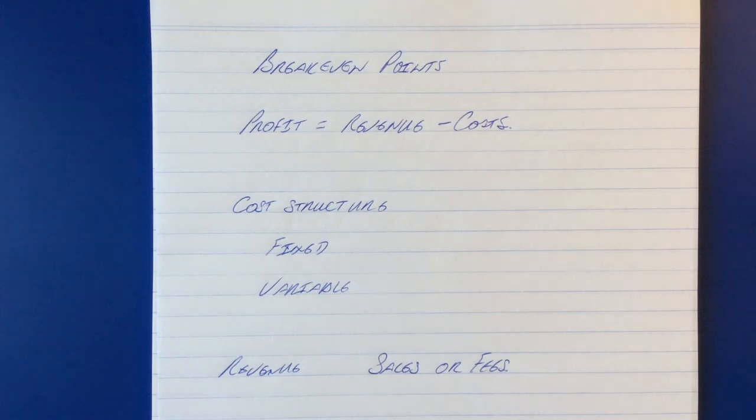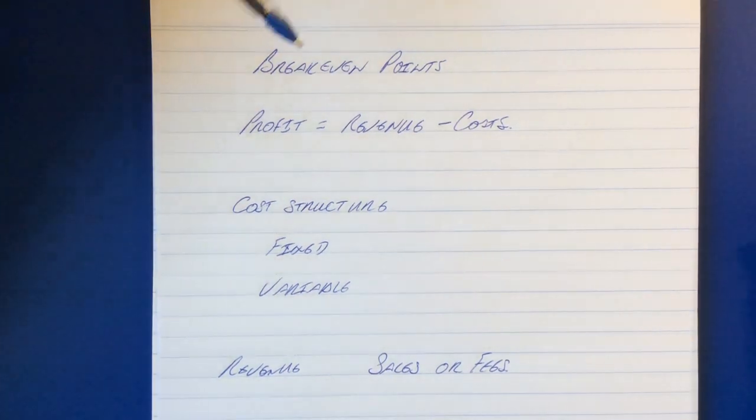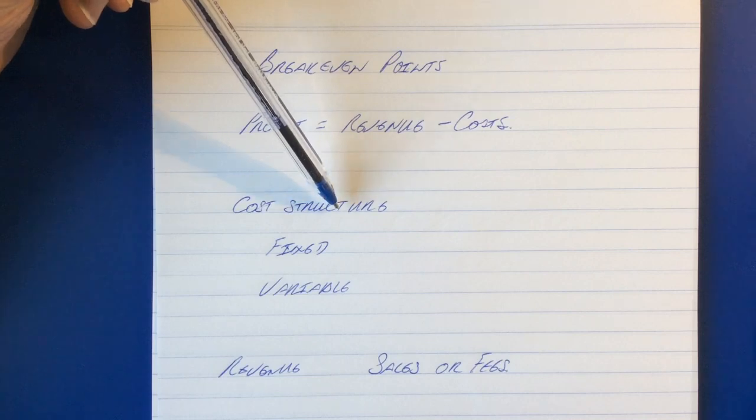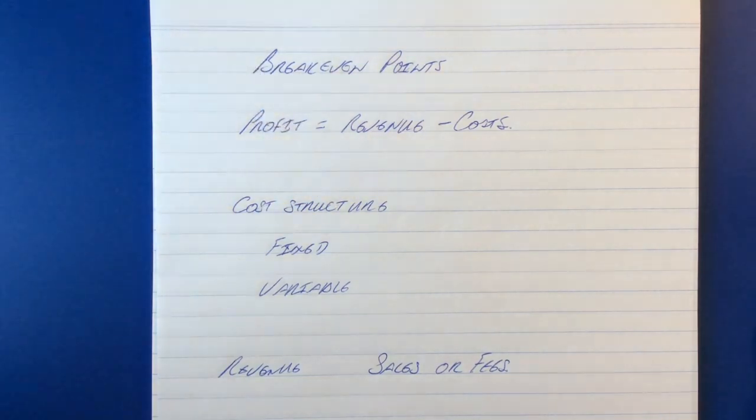The other things that we need to look at are the things that make up a cost structure. We have fixed costs. That might include rent, insurance, those sorts of things. And we have variable costs. Variable costs are the costs attached to each unit of production.